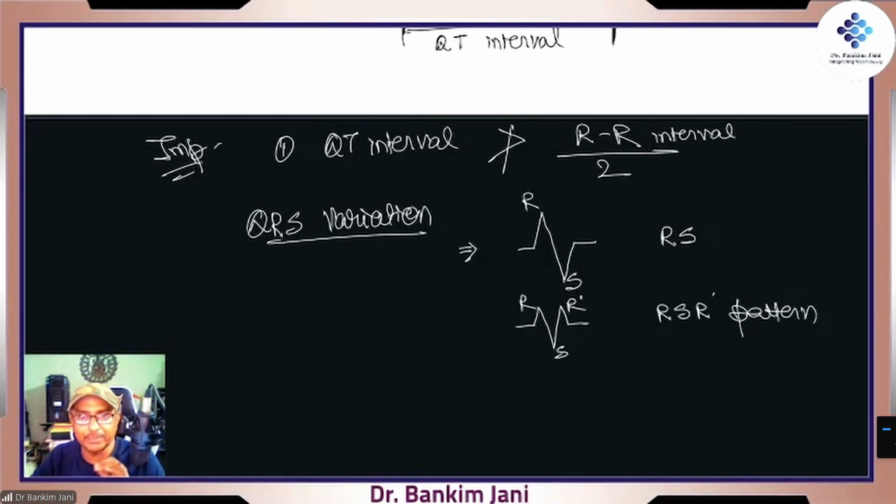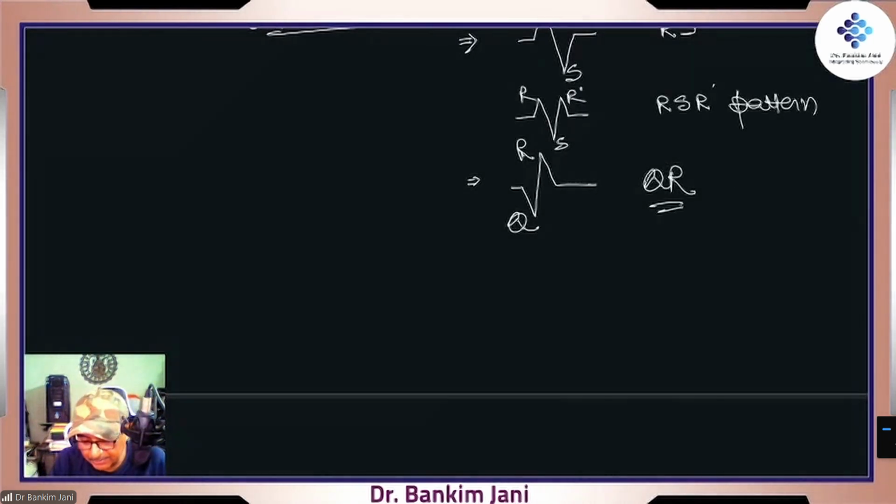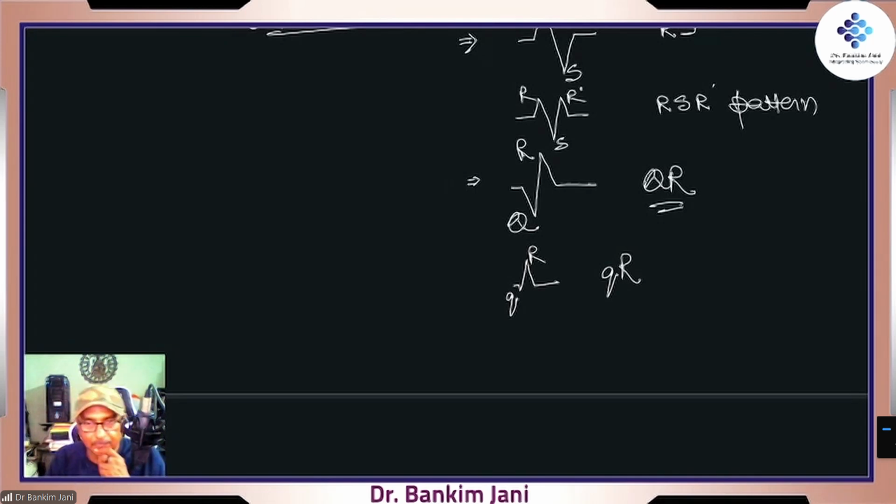Sometimes if the wave is very small or very big, we use capital or small letters. If this is Q and this is R and both are big, we call it QR. But if the Q is very small and the R is normal, we call it a qR pattern. So a smaller alphabet means it is small.